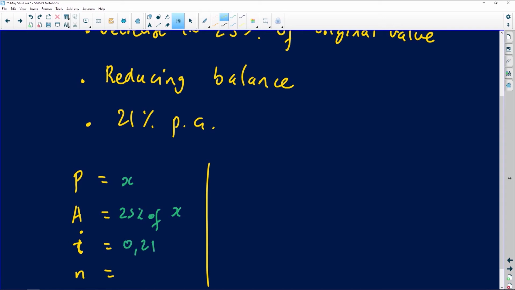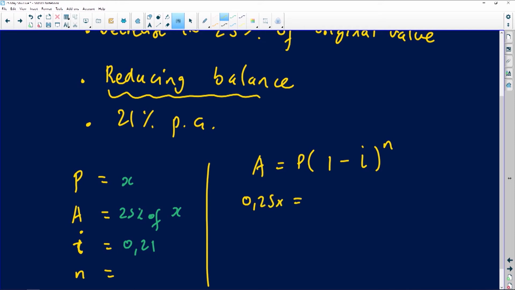So I'm going to say we know that because they said reducing balance, the correct formula is A equals P into 1 minus i to the power of n, the exponential one, right? We are looking for n. Let's substitute what we know. We know that 25% of X is 0.25X equals P is X, times 1 minus 0.21, that's 21%, to the power of n.